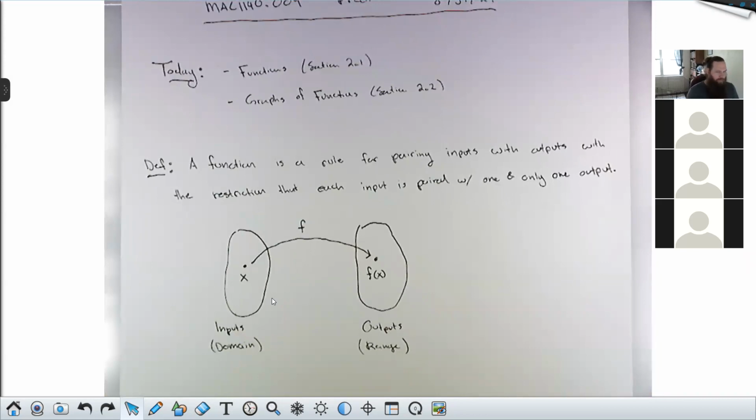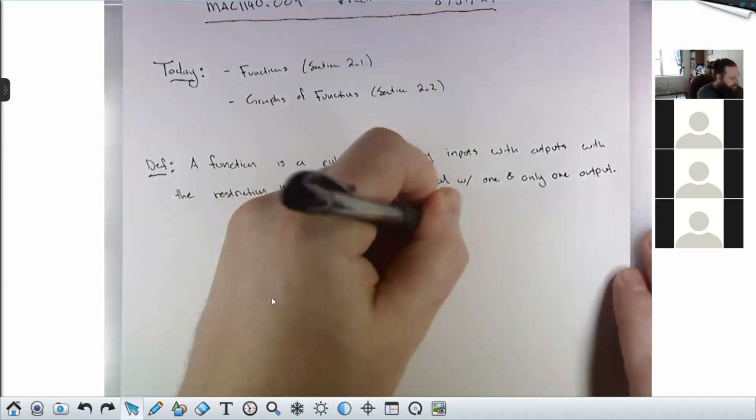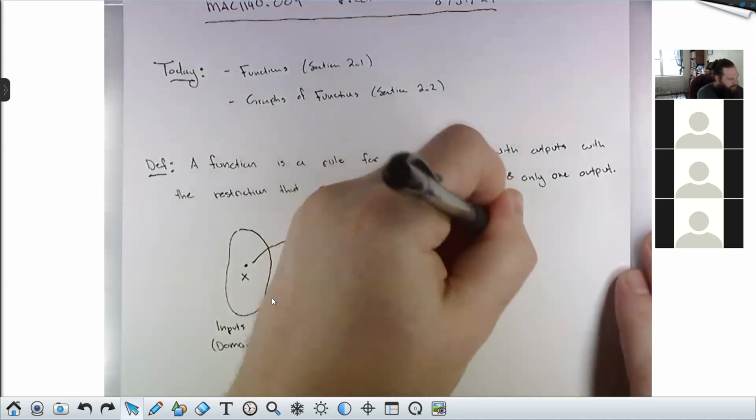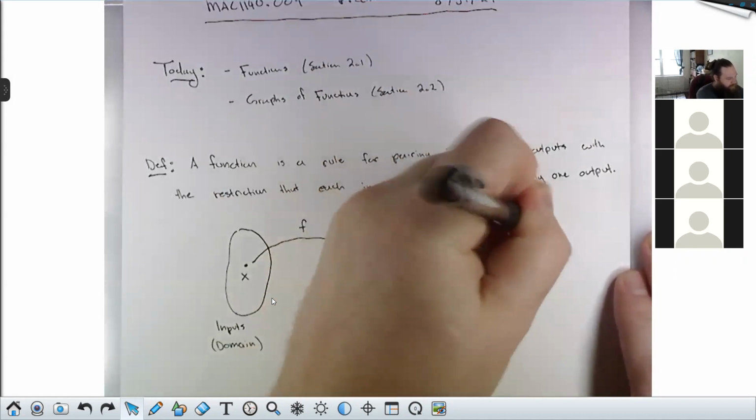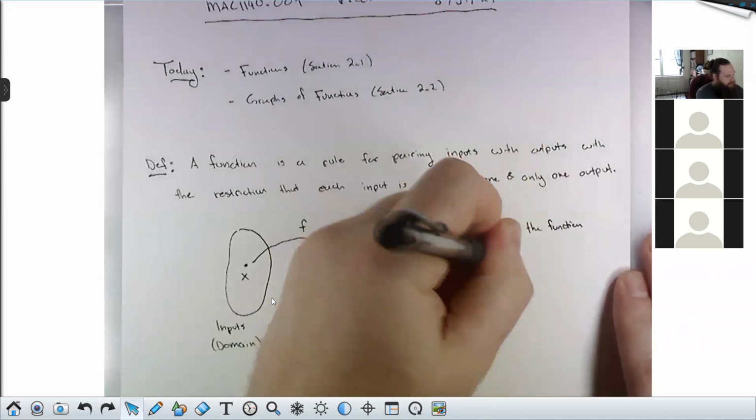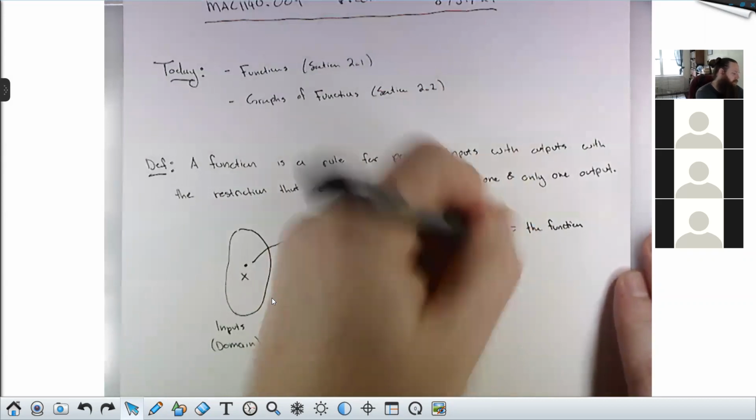So there's a bunch of different ways I can describe a function. I know one you're certainly familiar with, so I want to begin with that just to get comfy with the notation. So again, the notation: f is the function. X is an arbitrary input.